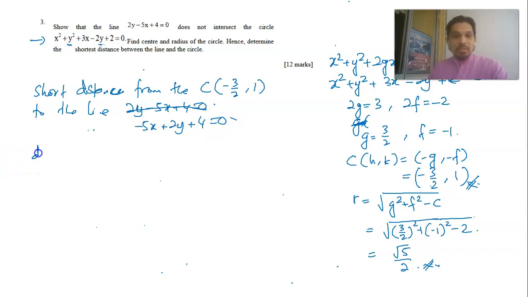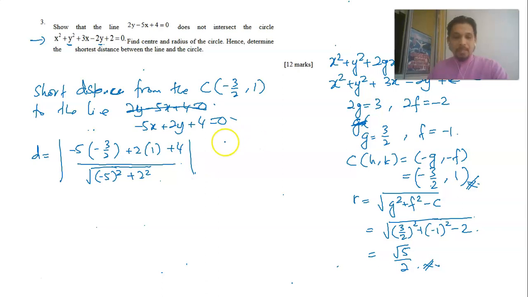Using the formula of this shortest distance here, negative 5 times negative 3 over 2 plus 2 times 1 plus 4, divided by the square root of negative 5 squared plus 2 squared. So this one you come up with 27 divided by 2 times square root of 29.